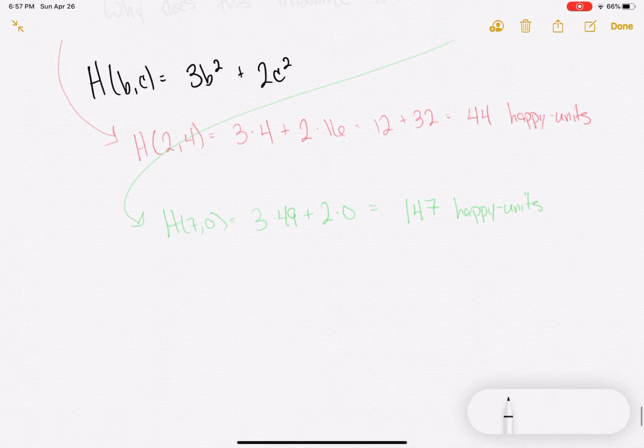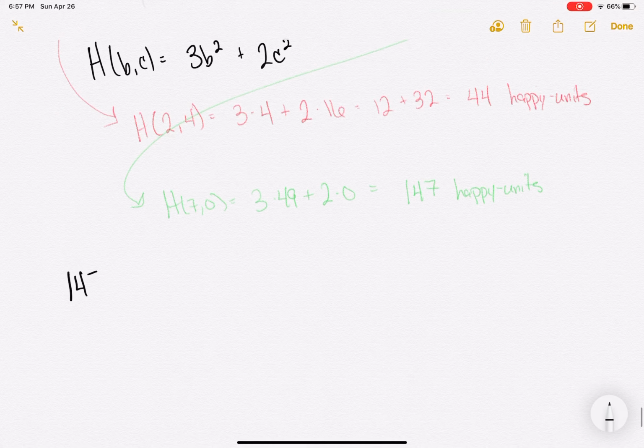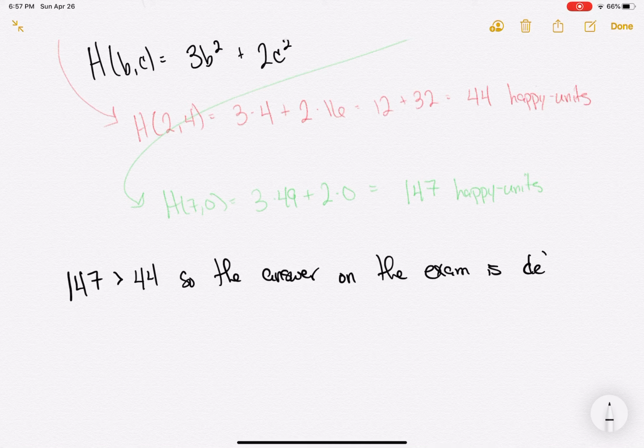So 147 is quite a bit bigger than 44. So the answer on the exam is definitely right. Why is our answer wrong?